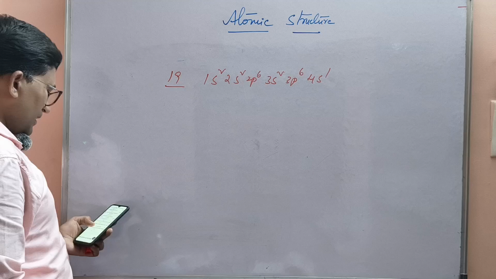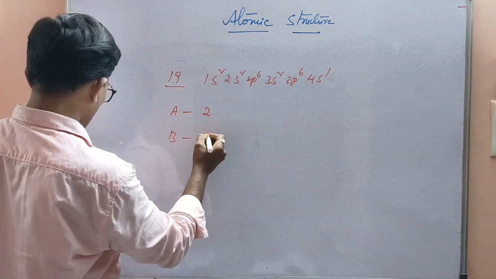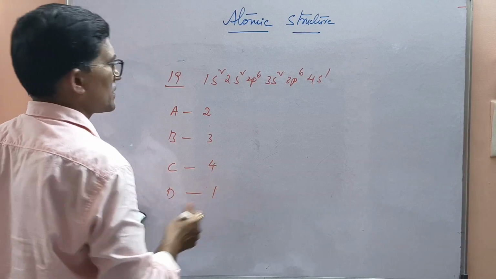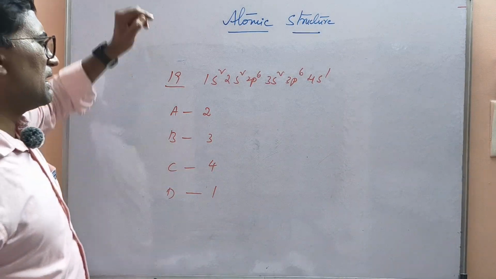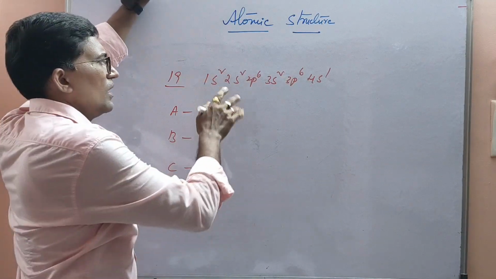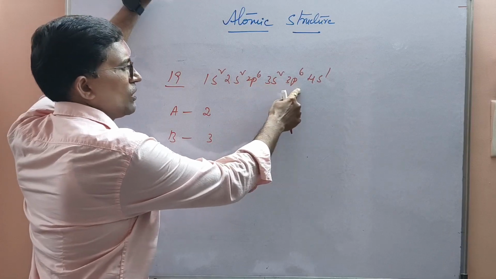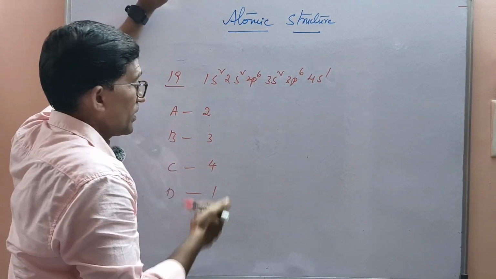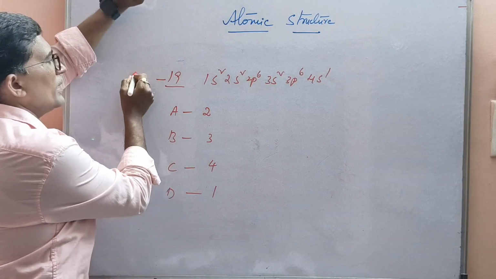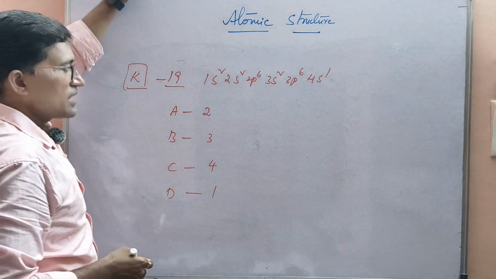The options given are: A, valency 2; B, valency 3; C, 4; D, 1. Very clearly understandable if you observe this configuration. The atomic number is 19 and the element name is potassium. Now, what is the valency of this element?